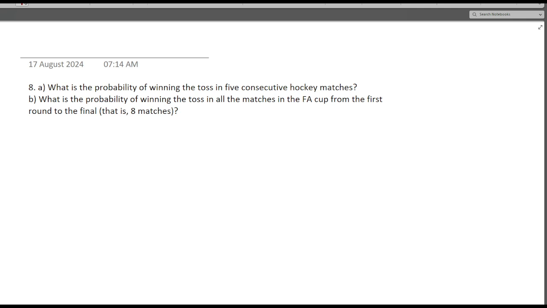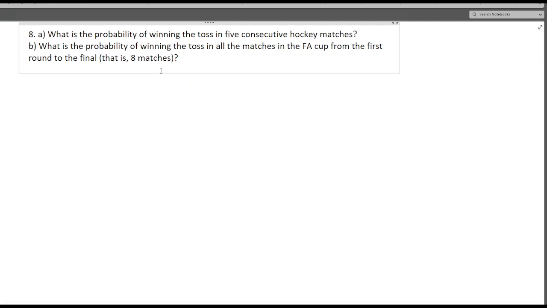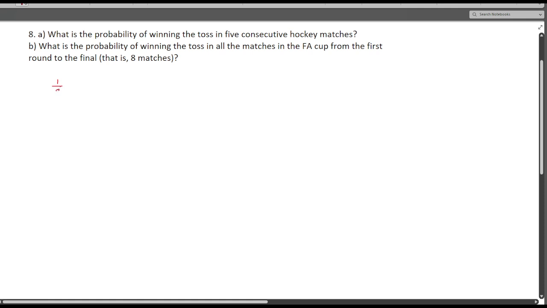Now question number 8. What is the probability of winning the toss in 5 consecutive hockey matches? So they're talking about that in 5 consecutive hockey matches, we are winning the toss. Now in the first match, the possibility of winning the toss is 1 by 2.